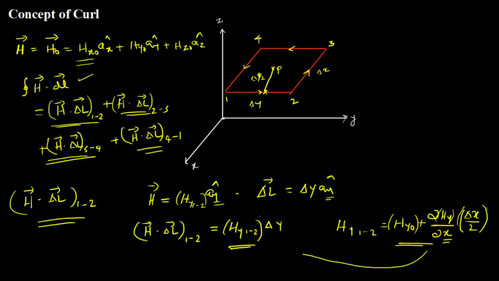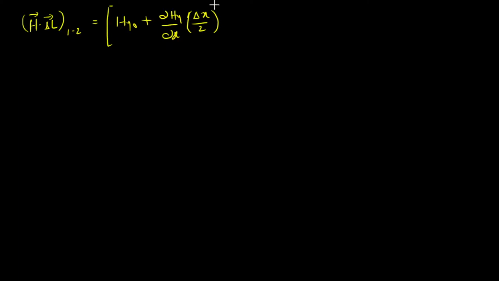So let me substitute this here and write a better equation for H dot delta L. So I write H dot delta L 1 to 2 as Hy naught plus del Hy by del x times delta x by 2, this entire thing multiplied by delta y.